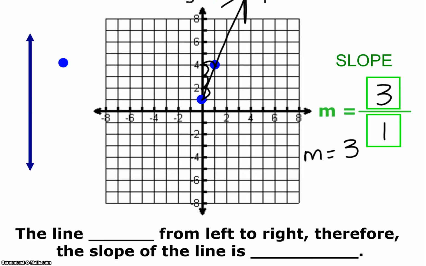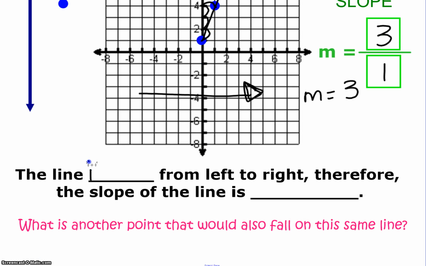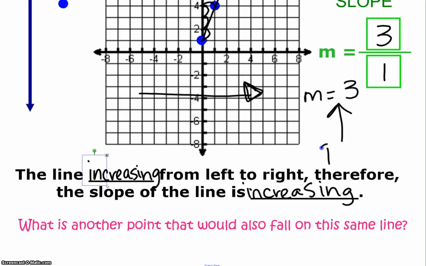If we're going from this direction to this direction, is it increasing or decreasing? Increasing. Therefore, the slope of the line is increasing. And you know that because your slope is positive, so you know it's increasing.